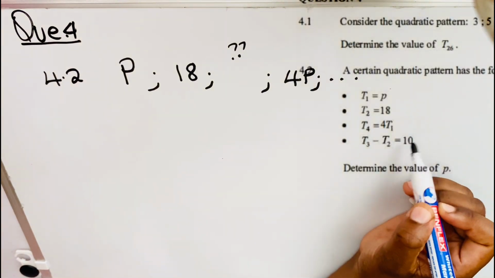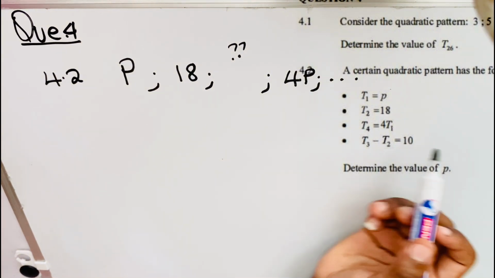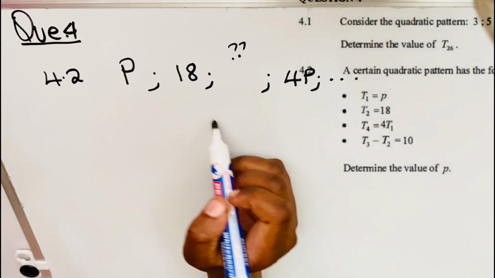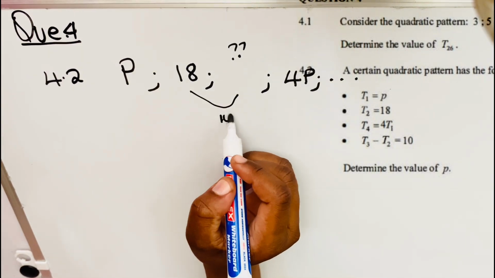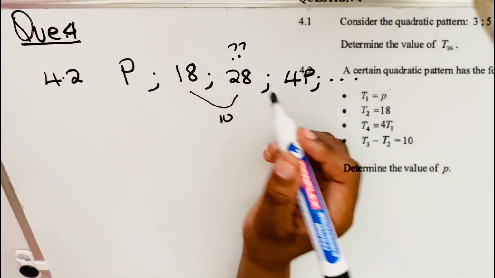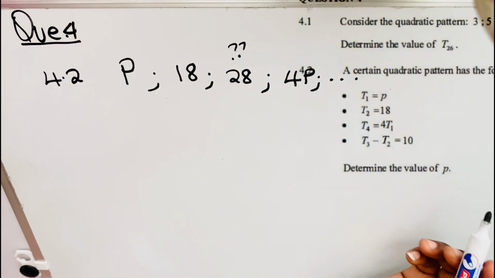Again, we are told that T3 minus T2 is 10. So the difference between term 3 and term 2 is 10, which simply means term 3 is 28. Then the question: determine the value of p.